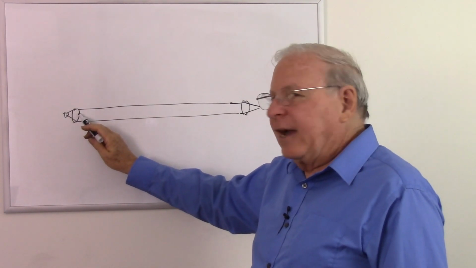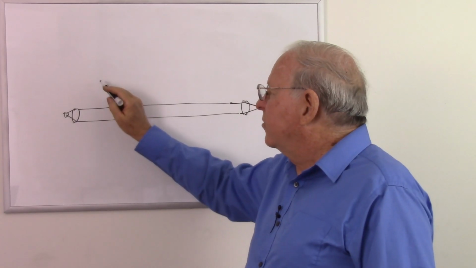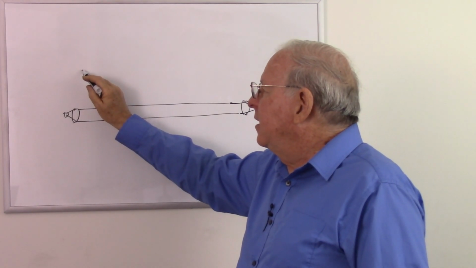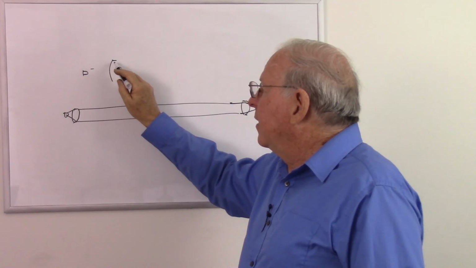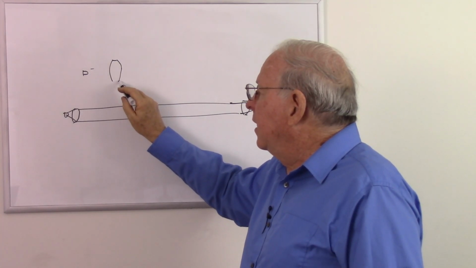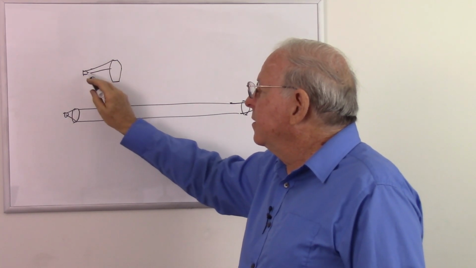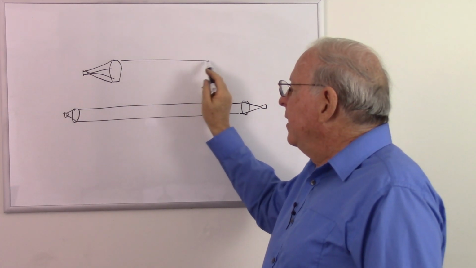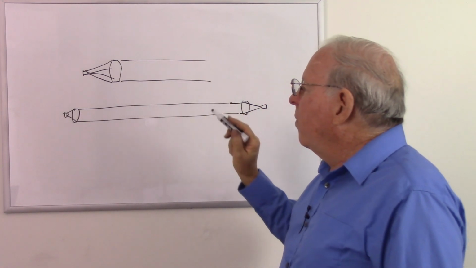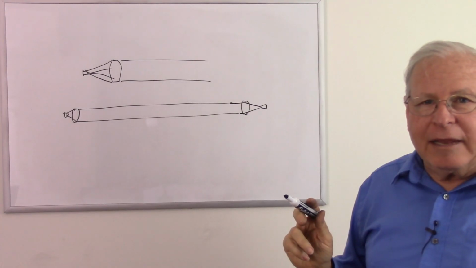Well, there's one other thing I need to mention, which is what this lens does. It's going to take that LED, and that light coming from the LED is diverging. We want the column of light, so that lens collimates the light.